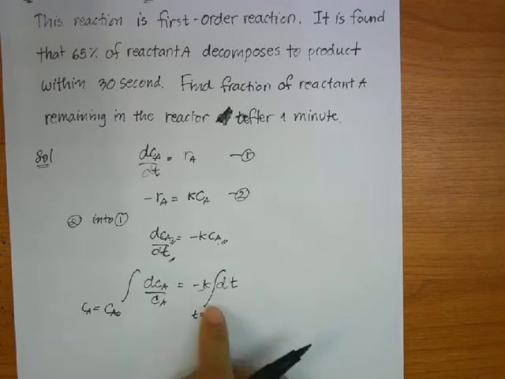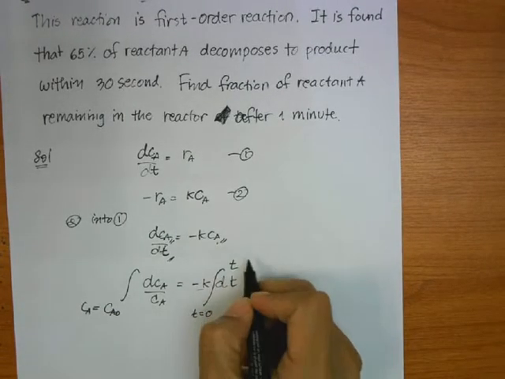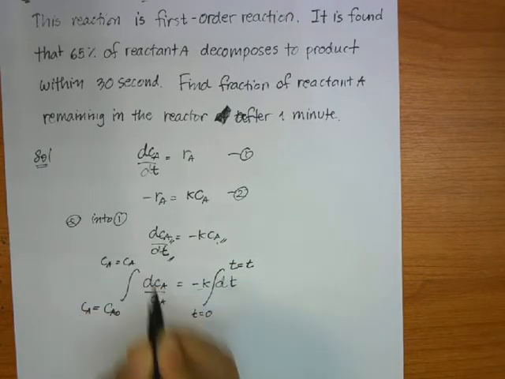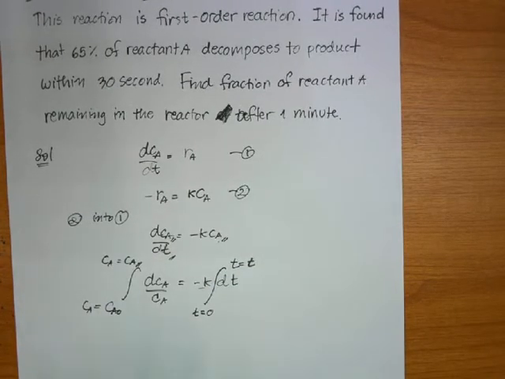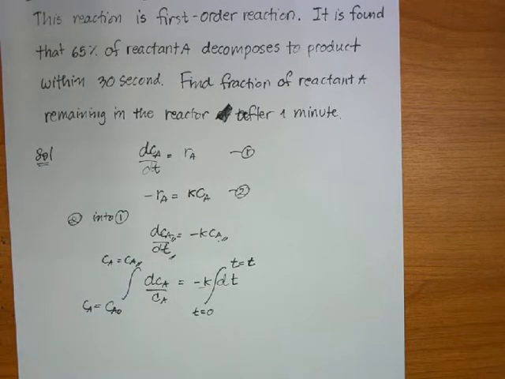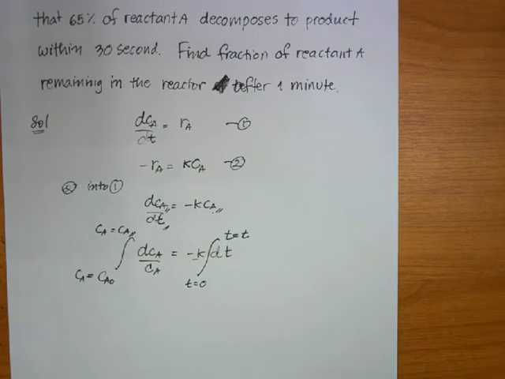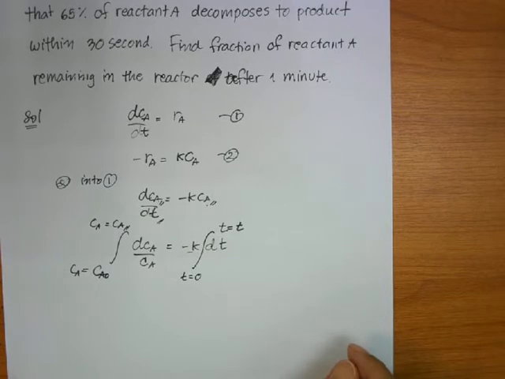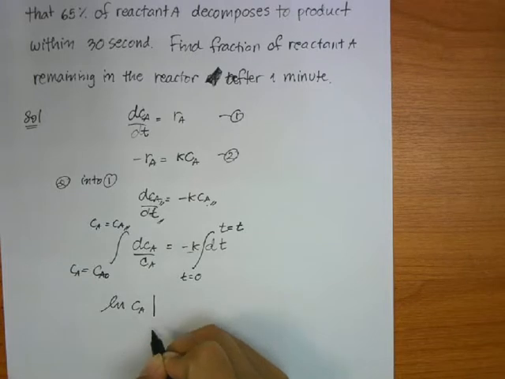By the time passed, at t equal to t, we have CA equal to CA. That is what we want to know: what would be the amount of A which is still inside the reactor? So when we integrate dCA by CA, it is ln CA, and then we put the boundaries there.